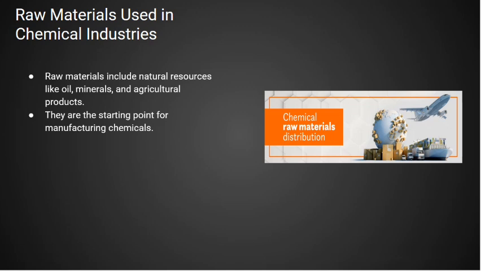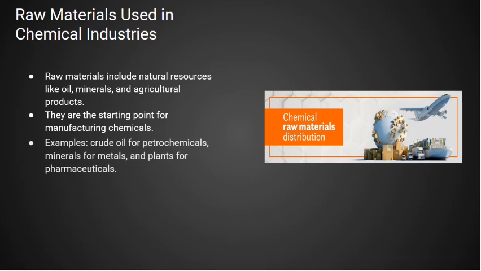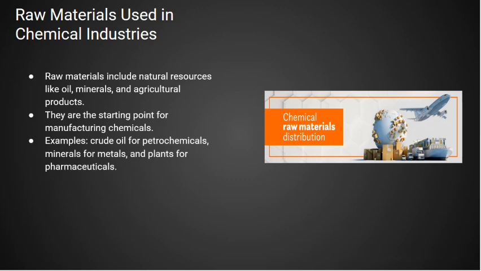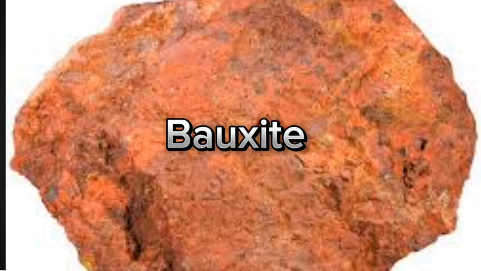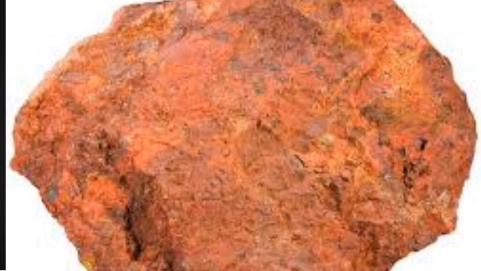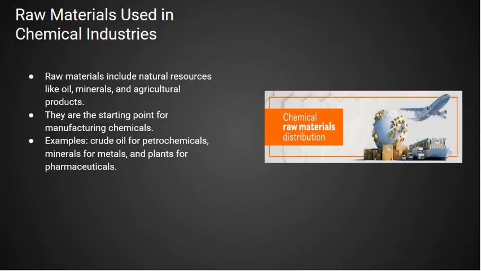Examples include crude oil for petrochemicals, minerals for metals. For instance, aluminium is usually gotten from the raw material that we call bauxite. So bauxite is a raw material for production of aluminium. Other metals too, like sodium, have their raw materials. And we can also have plants serving as raw materials for pharmaceutical products, that is, drug production.